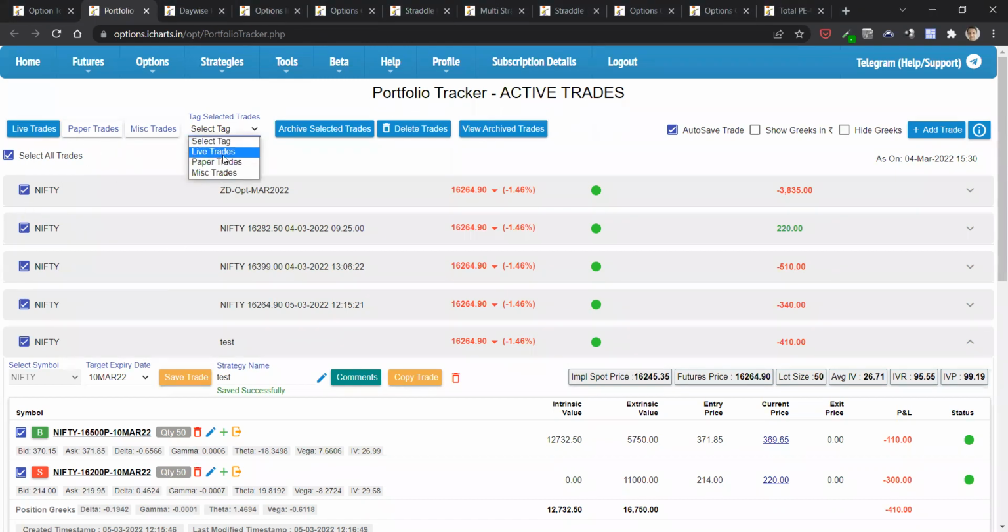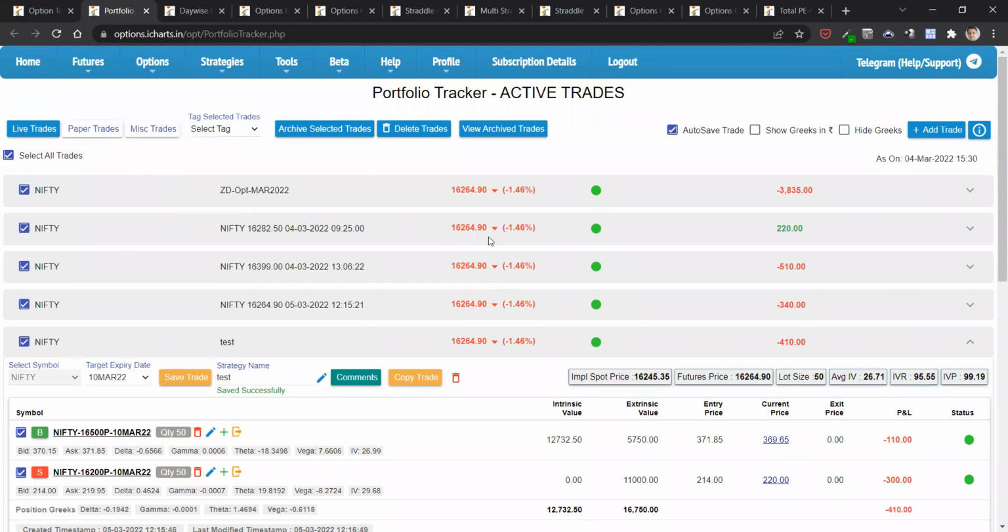You can select a few trades and say these are paper trades, so they'll be moved from here to here. If you have too many trades, to remove confusion, you can do this. Nothing special in this. Everything updates live every minute. Just grouping, that's it.